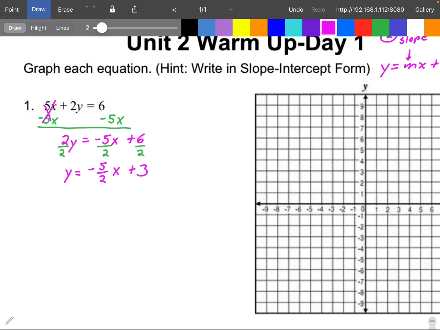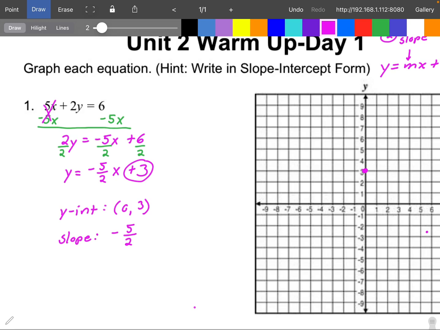Now we have it in slope-intercept form. Therefore, we can determine that our y-intercept is the constant. So that's going to be (0, 3). So we're going to start with that on our graph. Then from that point, we can then count the slope, which is negative 5 over 2.